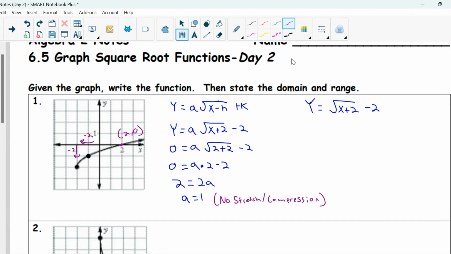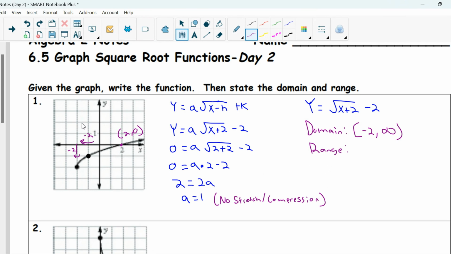The next thing it wants us to do is state our domain and range. All right, so our domain is our possible x values. As you can tell from the graph, the lowest possible x value that I can have is at -2, and the greatest possible x value would be positive infinity.